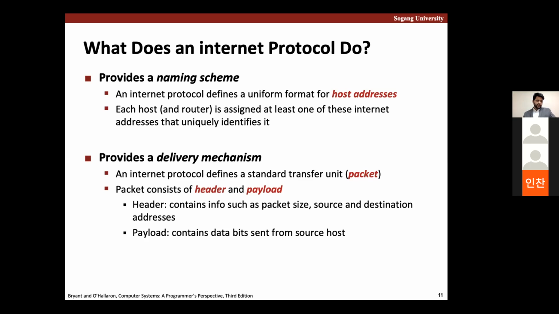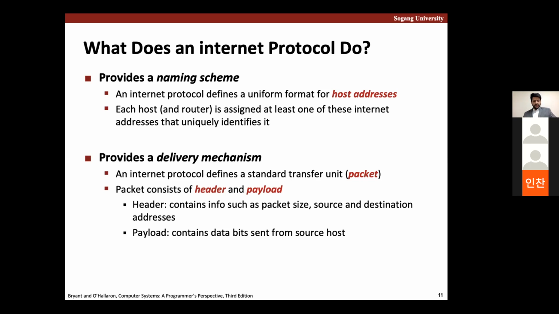Every host connected to a different network can have a different scheme to name the host or define its address. The internet protocol overcomes these differences by defining a uniform format for host addresses, so all host addresses are in a unique format. Each host is then assigned at least one of these internet addresses that uniquely identifies it. The second thing is that it offers a delivery mechanism.